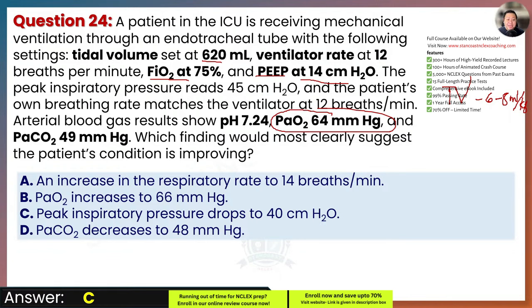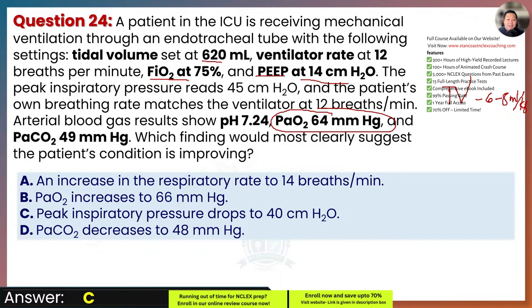Now, the PEEP that is set at 14 is moderately high. It's typically used to treat patients with acute respiratory distress syndrome and pulmonary edema, where the lungs have difficulty maintaining inflated alveoli and oxygenation.